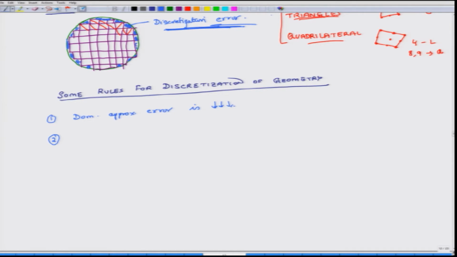The second thing is that suppose you have, let us say, a disk, and this disk is fixed at one end, and I am applying a point force here.